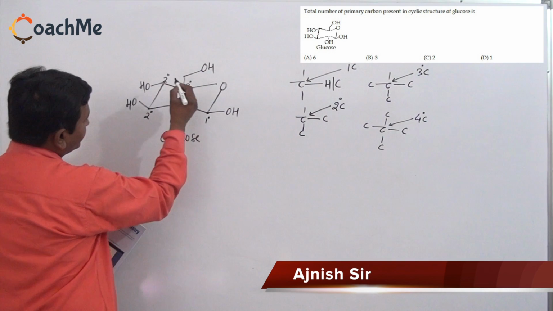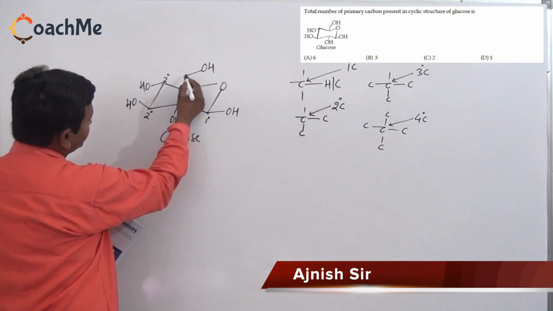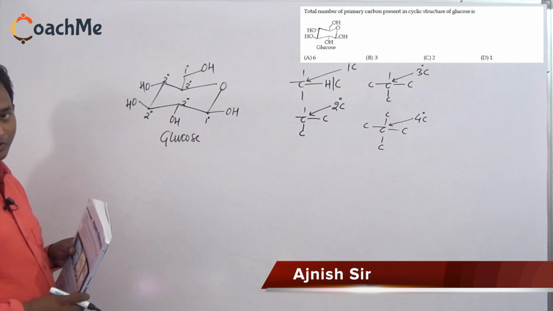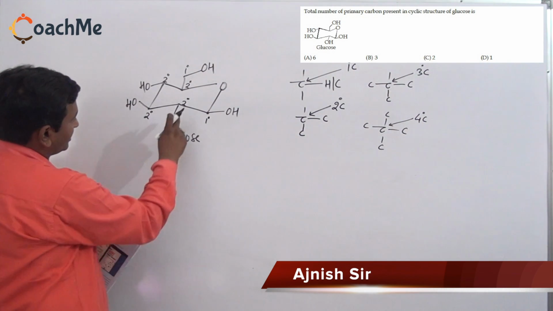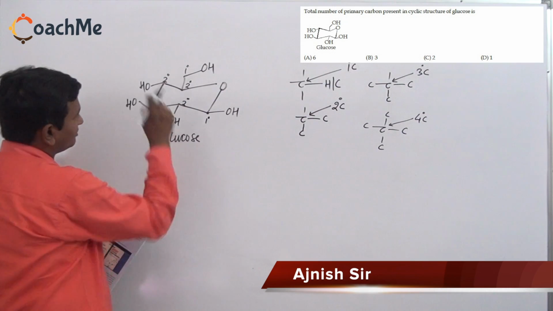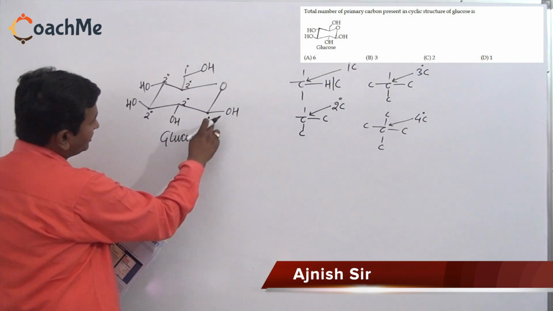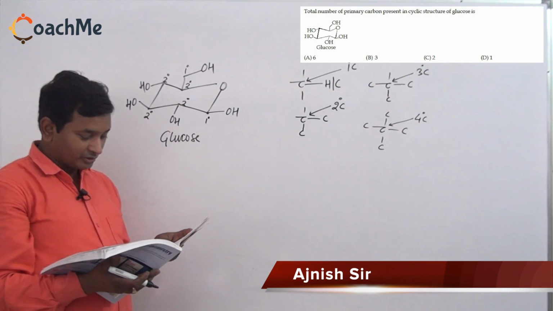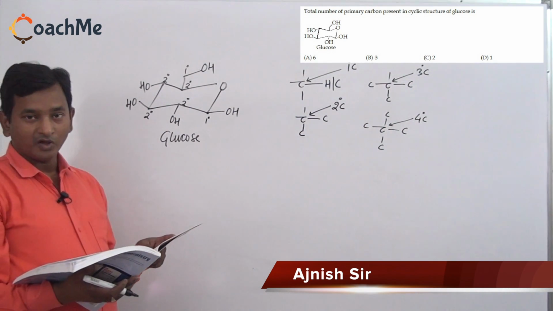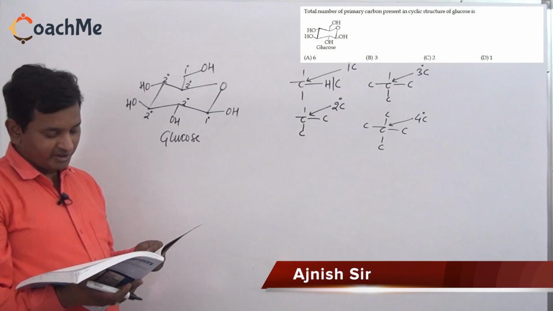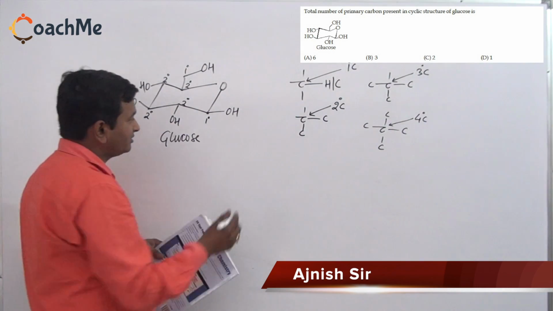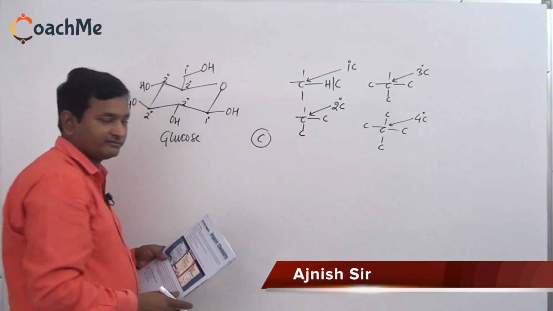And this carbon is attached with one carbon, one oxygen and two hydrogen, so it will be of primary nature. So in glucose there are 4 secondary carbon and 2 primary carbons. If the question is the total number of primary carbon of this glucose, the answer will be C, as it has only 2 primary carbon.